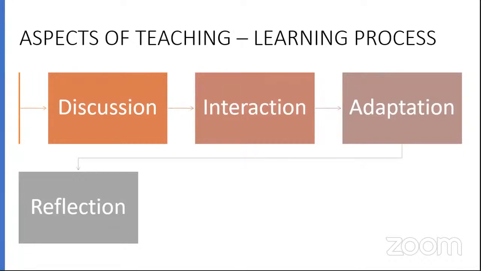Adaptation of the world by the teacher and action by the learner. The last aspect of teaching learning process is reflection. Reflection on the learner's performance by both teacher and the learner. These are the 4 aspects of learning process: discussion, interaction, adaptation and reflection. Let's move to the next point.